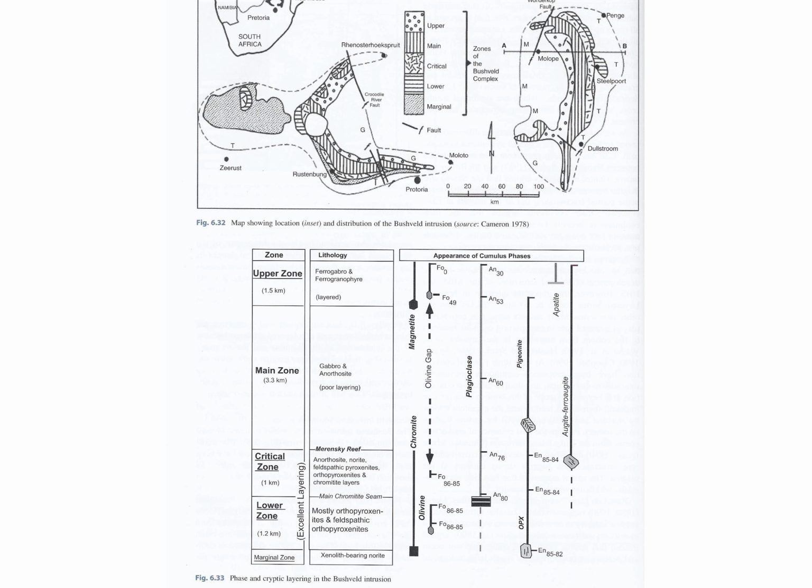So then we have the pigeonite in the main zone. And in the critical zone and in the lower zone we have the orthopyroxenes, and these orthopyroxenes also vary in their Mg number. And from the upper zone to the boundary of the critical zone, we have also the crystallization of augite.